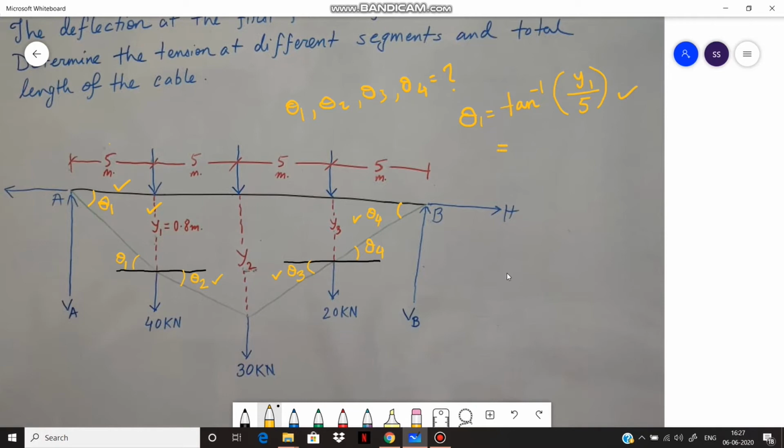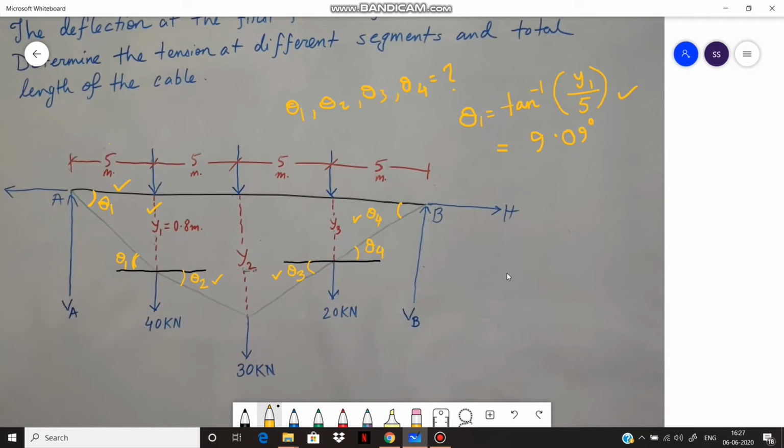So calculating this, we have 9.09 degree, and then you can see that as per the geometry, this angle and this angle are same, that is theta 1.